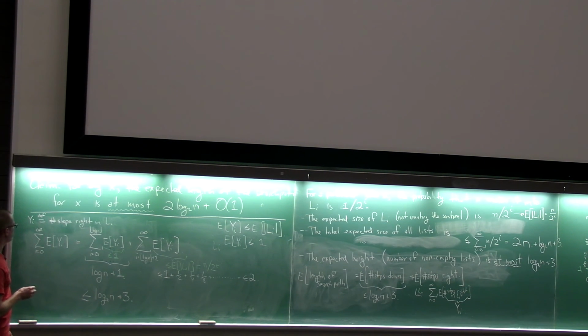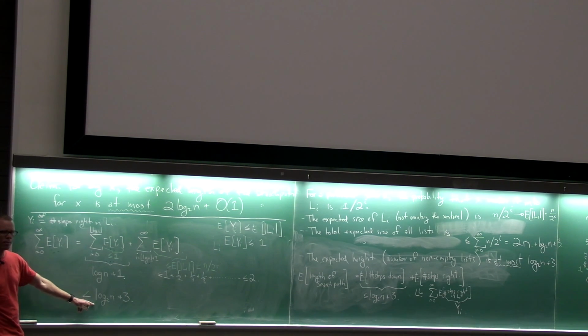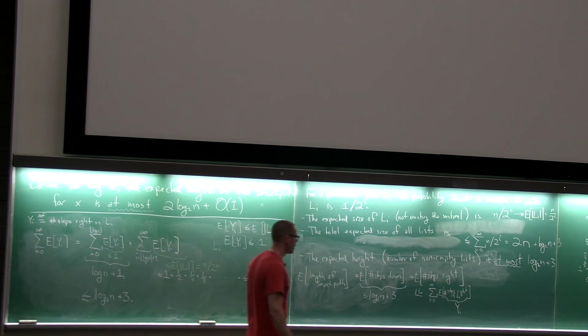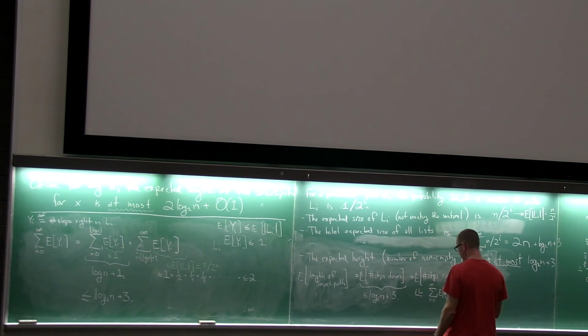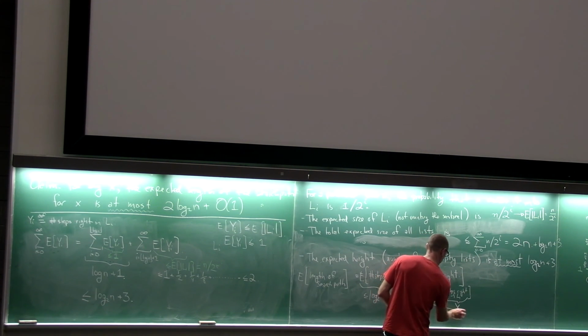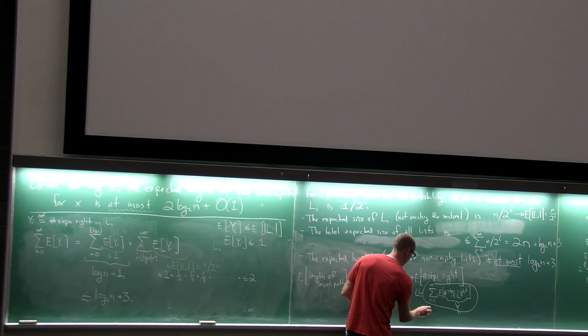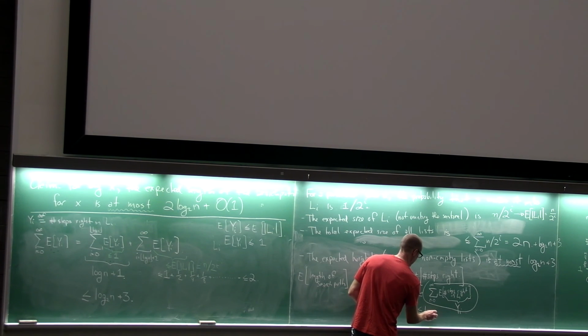So in the end, we finish with the expected number of steps to the right in total across all lists is at most log n plus 3. That's what we needed to finish up over here. This whole thing is less than or equal to log n plus 3.